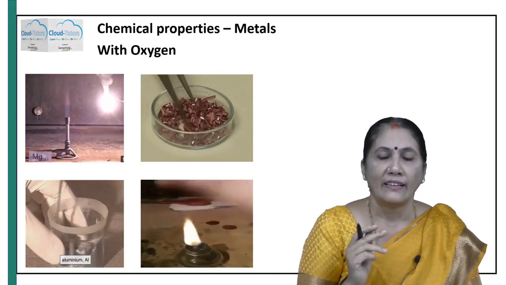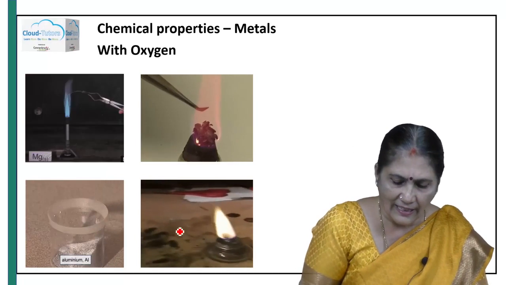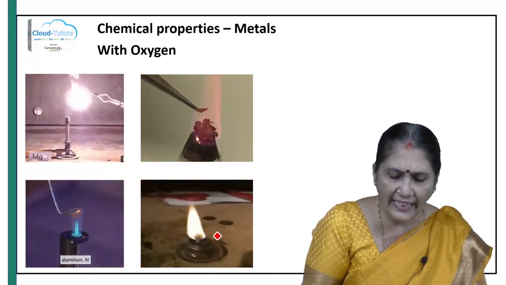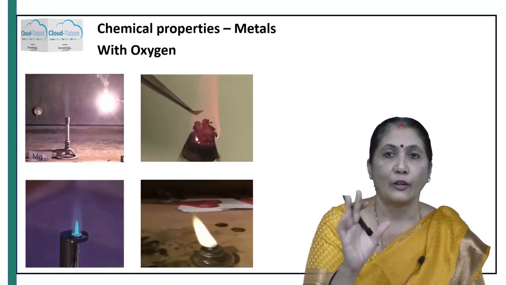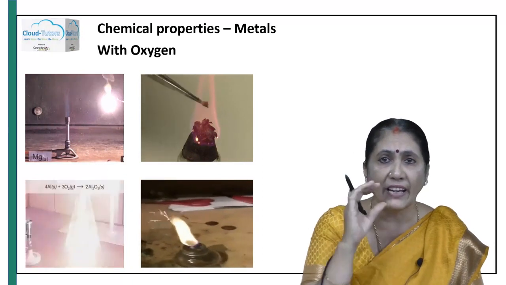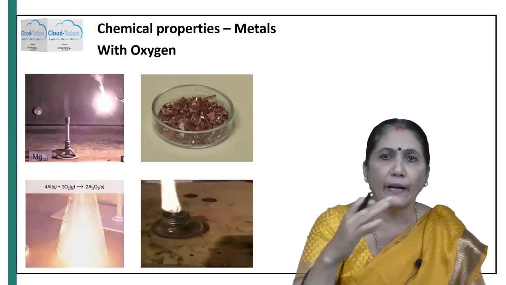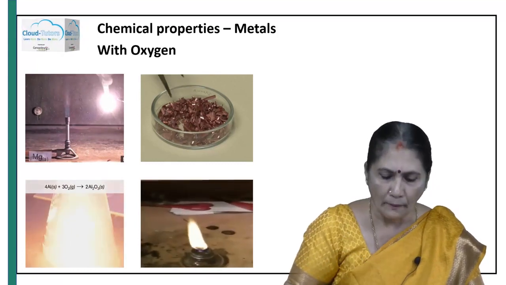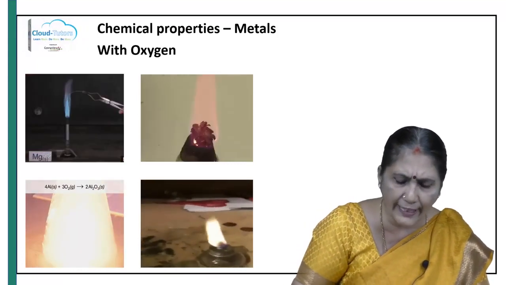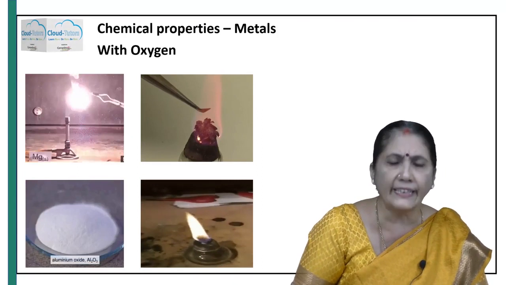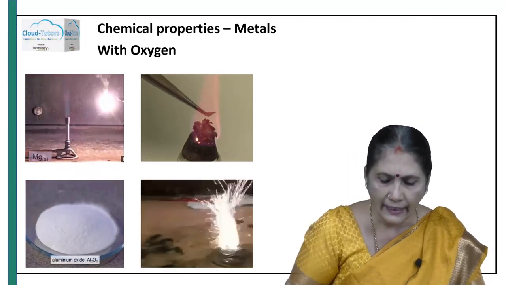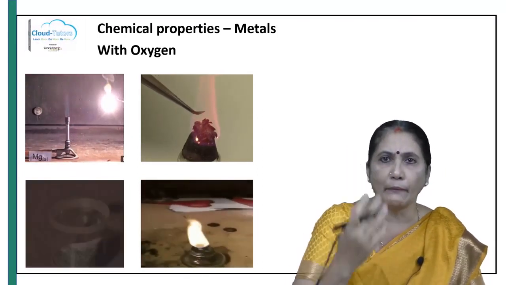Now, here I am just going to sprinkle iron filings. You have to remember, iron is a very hard substance and it will not burn in oxygen. But if iron filings are sprinkled over the spirit lamp, again you can see brilliant light coming out.